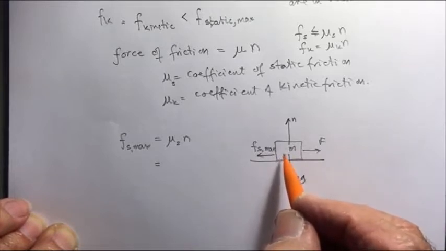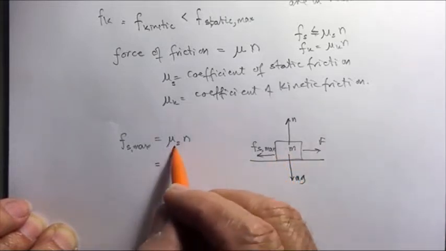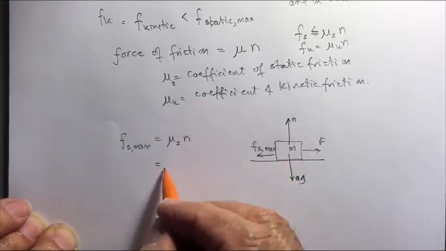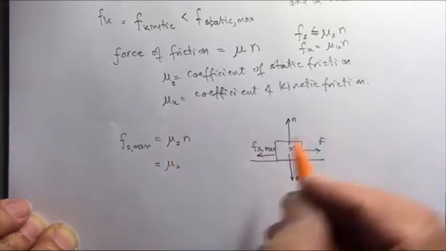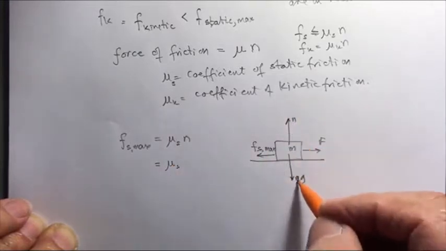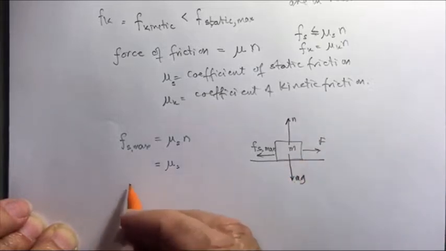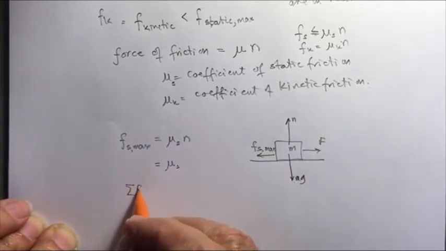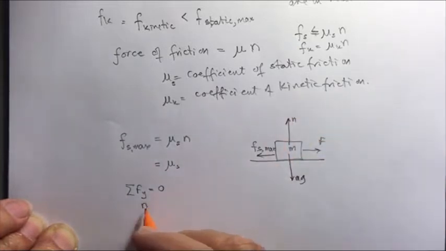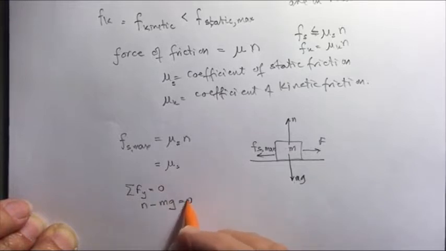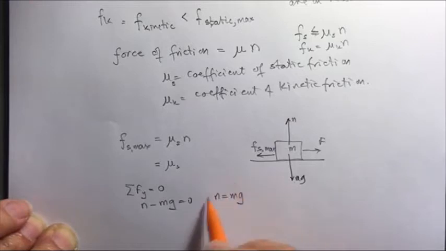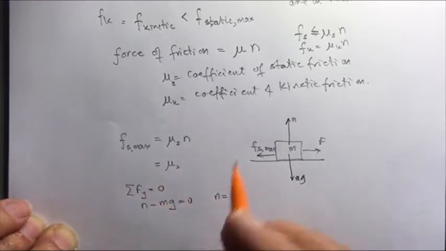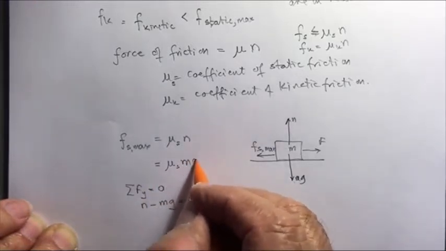The more friction we have, the larger the coefficient of static friction. For N, in this case it's equal to mg, but it's better to first write the sum of forces in the y direction and set it to 0. In the positive y we have N, in the negative y we have mg, equals 0, and therefore N equals mg. It will not always be this, so it's always better to write this equation.